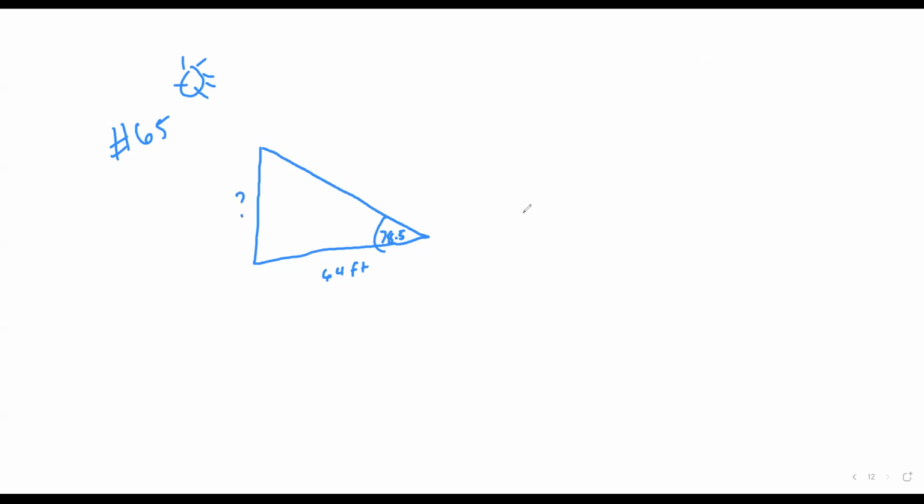All right, so here we go. This is my opposite, this is my adjacent, here's my angle. O and A deals with TOA, so that's going to be tangent of 78.5 equals opposite over my adjacent. So multiply both sides by 64. Then I bounce back to the calculator.